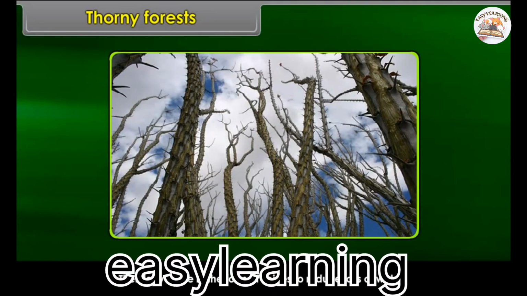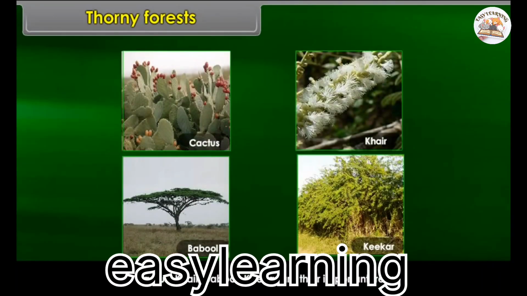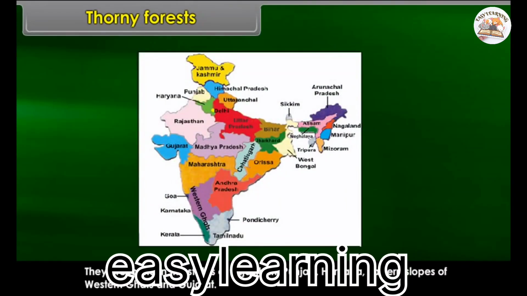Teak, sal, shisham, neem and mango trees are the main species of trees grown here. Thorny forests. Thorn forests are found in dry areas of the country. Their leaves are in the form of spines to reduce loss of water.